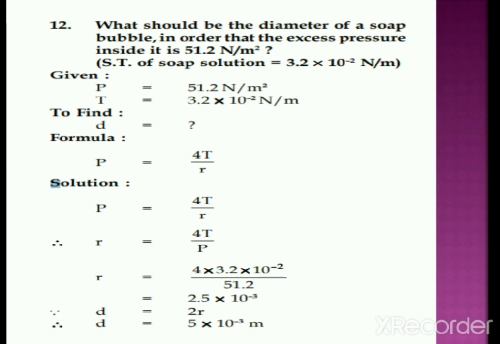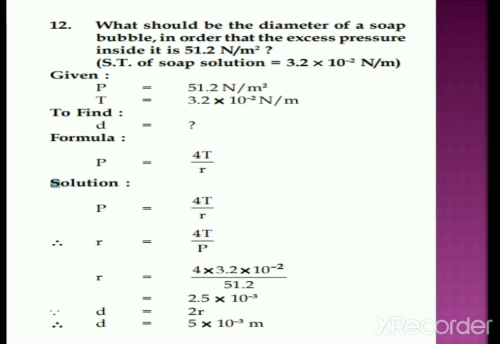Calculate the results, we get R is equal to 2.5 into 10 raised to minus 3, and what we have to find? The diameter. So diameter becomes 2 into R, that is the radius. So the diameter becomes 2 into 2.5 into 10 raised to minus 3, we get 5 into 10 raised to minus 3 meter. That is the diameter of the soap bubble.